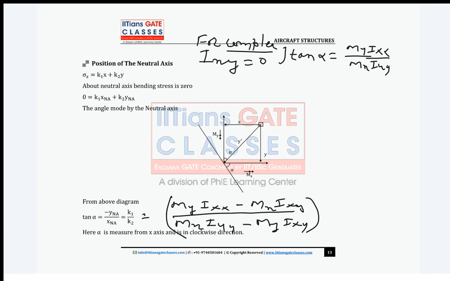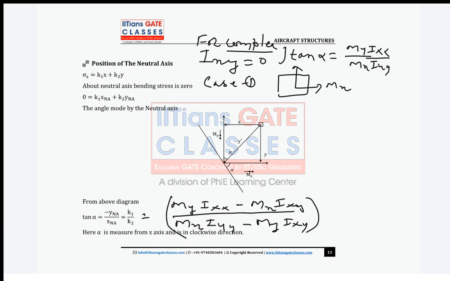Okay. Now guys, there are two cases of simple bending, right? I will take the first case. Case 1, simple bending about x-axis, Mx alone. My is 0.